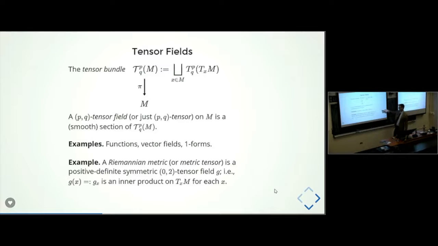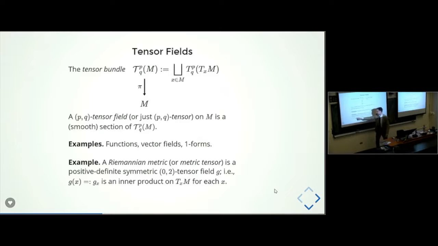So at each point, you get an inner product on the tangent space, because what's an inner product? It's a positive definite thing that eats a pair of vectors and spits out a number. A tensor field is a section, so if I input a point, I output an element of this tensor space.